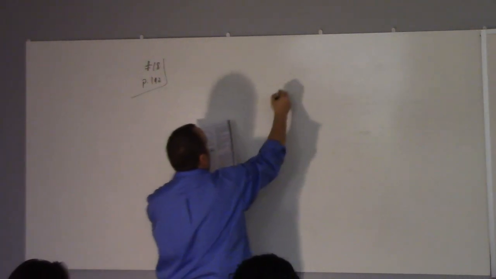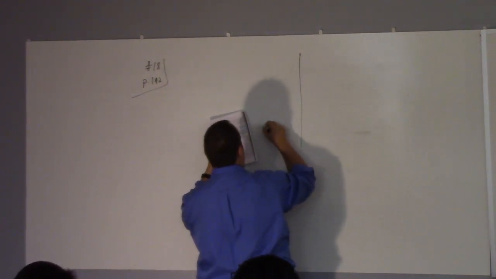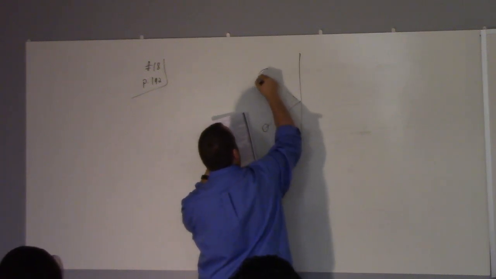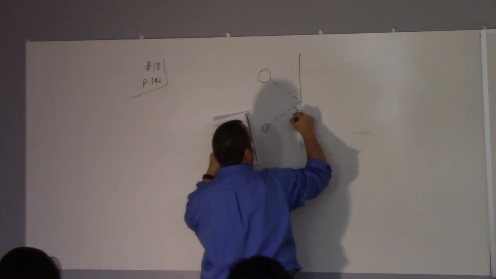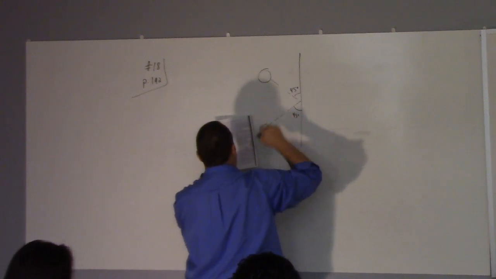Now here, we have a wall, and we've got a ball. It comes in and then rebounds, like so, all right? And there's 45 degrees here, and there's 45 degrees here. So the tennis ball hits the wall.